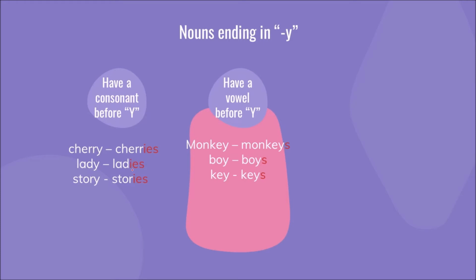Therefore, we transformed it into I. But if the word that ends with letter Y and before the letter Y is a vowel, then Y remains the same. Like monkey, monkeys, boy, boys, because we know that E and O are vowels.